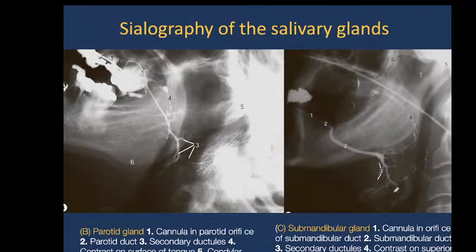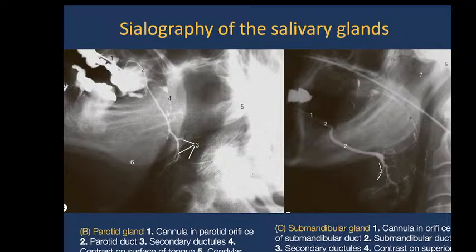Special possibility: dentists and surgeons have to examine salivary glands.